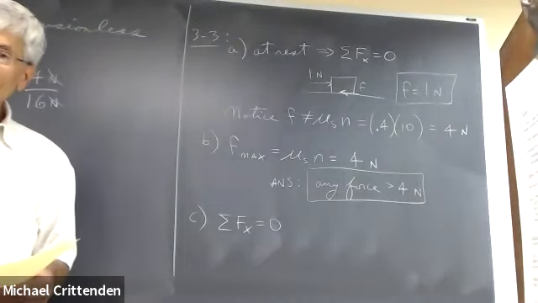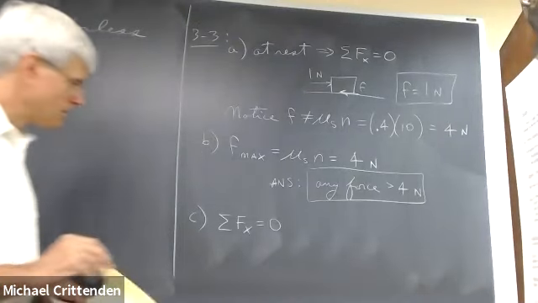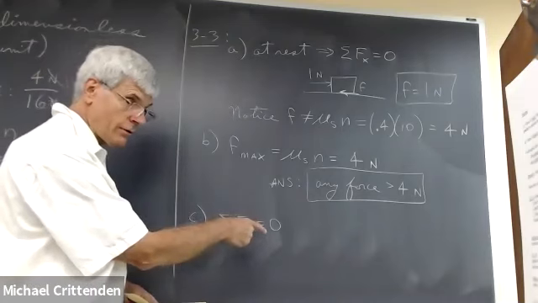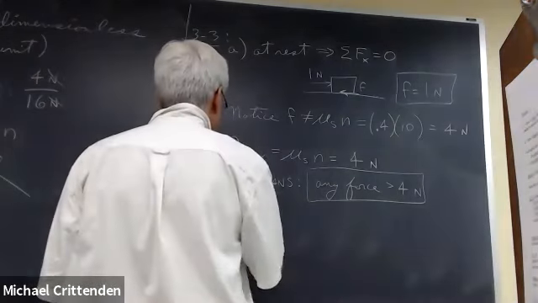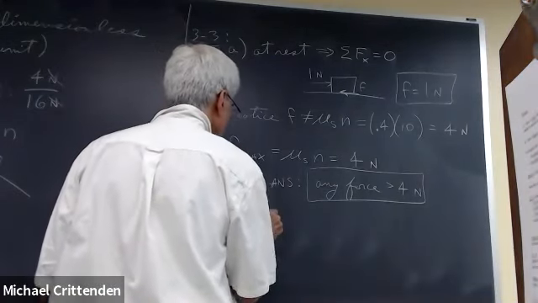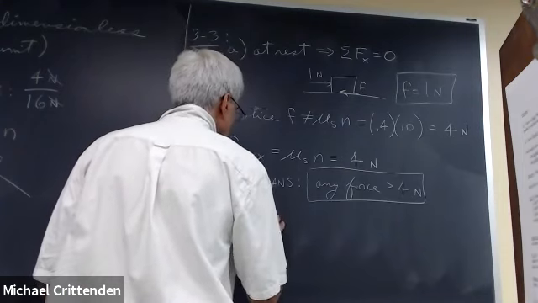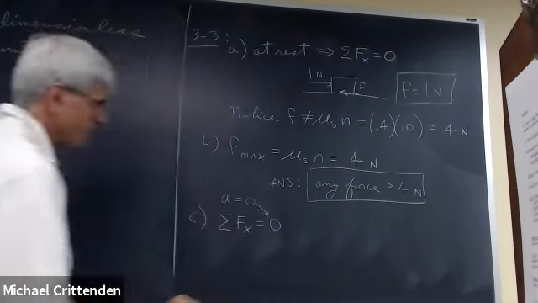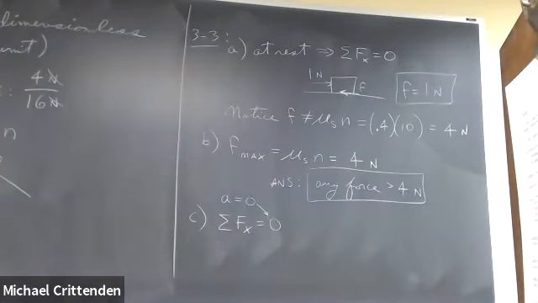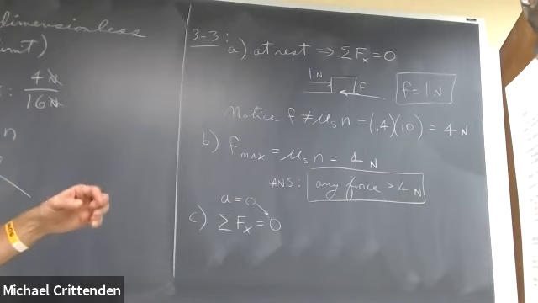If the velocity is constant, then the sum of the forces equals 0, because in general, always and always, sum of the forces is equal to m times a. But if something has a constant velocity, its acceleration is 0. Acceleration means the rate the velocity is changing, and I just got done saying it's not changing.